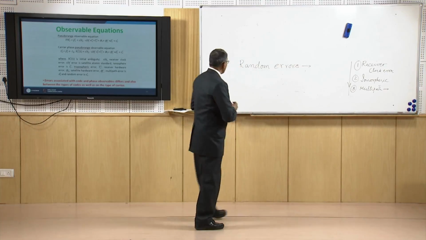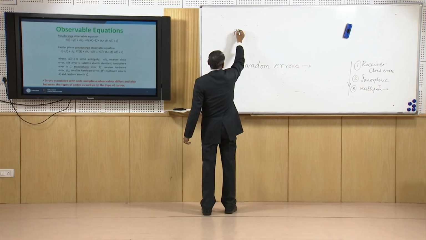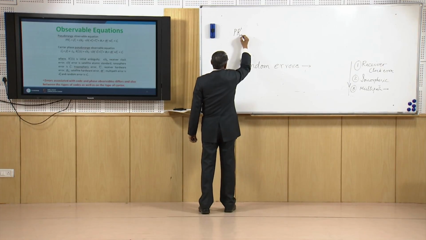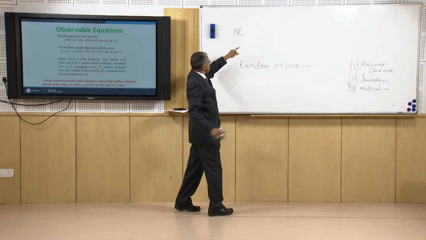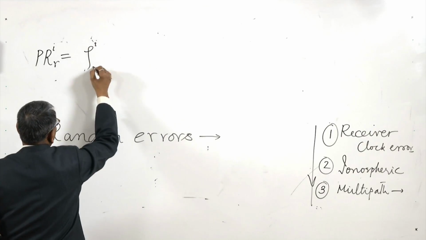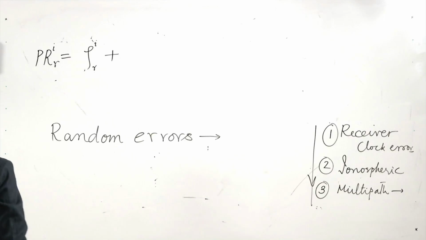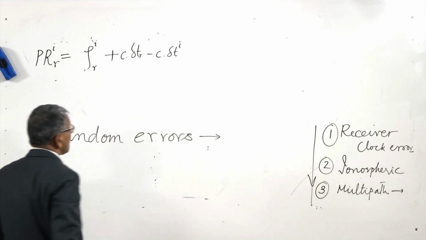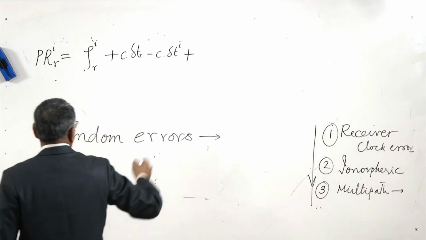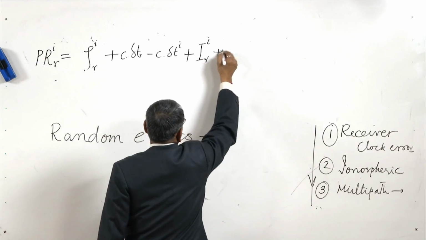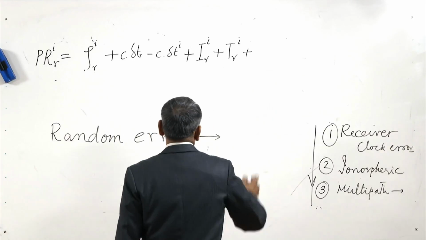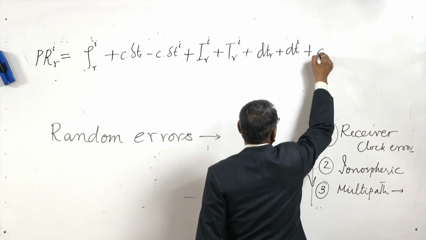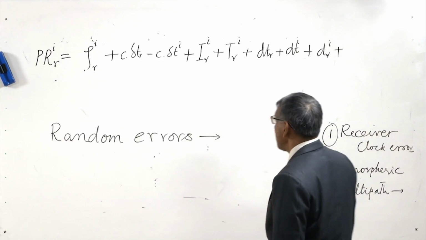Thus we can say that the GPS observable pseudo range from satellite i to receiver r is equal to the geometric range, plus the error due to receiver clock error, c into del T r, minus c into del T i, that is the satellite clock error, plus ionospheric error and tropospheric error, receiver hardware error, satellite vehicle error, multipath error and random error.